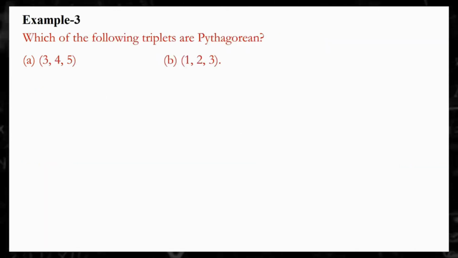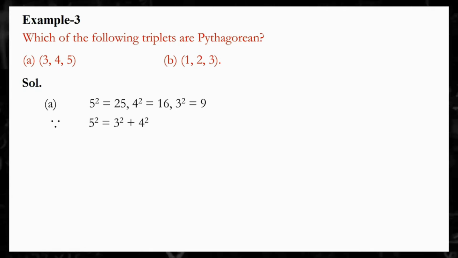Example 3. Which of the following triplets are Pythagorean? A. In the brackets 3, 4, 5. B. In the brackets 1, 2, 3. Solution. A. 5 square is equal to 25, 4 square is equal to 16, 3 square is equal to 9.